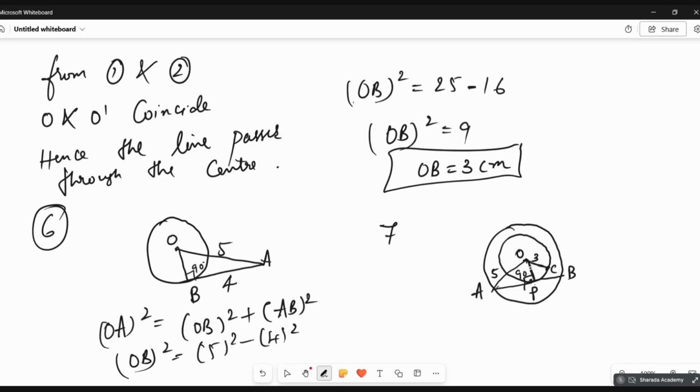And what is OP equal to? It is the radius of the smaller circle, that is equal to 3. So find AP. And what is AB equal to? AB will be 2 times AP. So it is 4 plus 4, 8 centimeter is the chord.